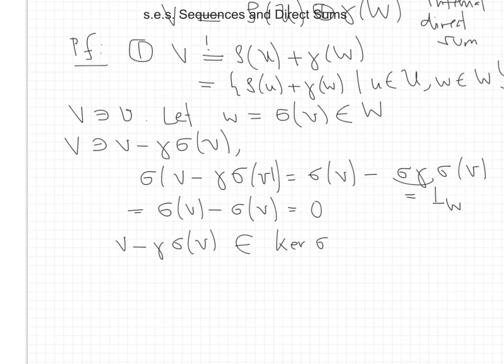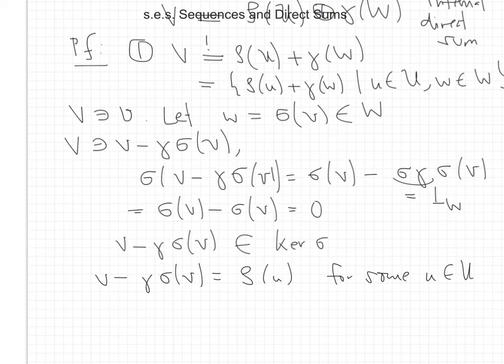And so I can write v minus gamma sigma of v as rho of u for some u in U. And you see, if I now call sigma of v w, then we have written v in the form gamma of w plus rho of u, which is precisely something in the sum of those two vector spaces, right? So this is the first condition that you have to check.